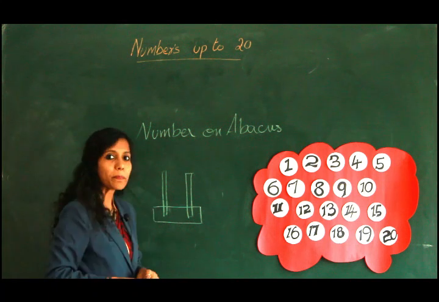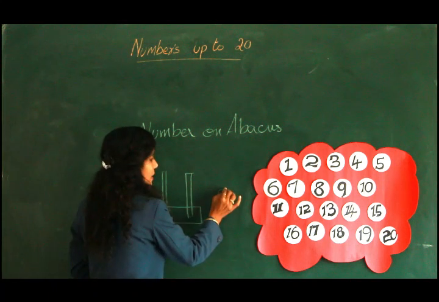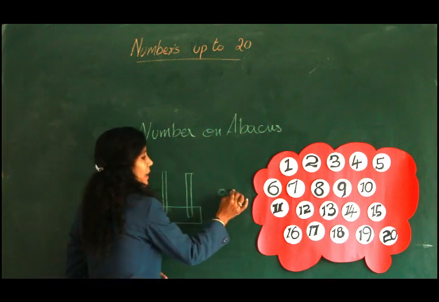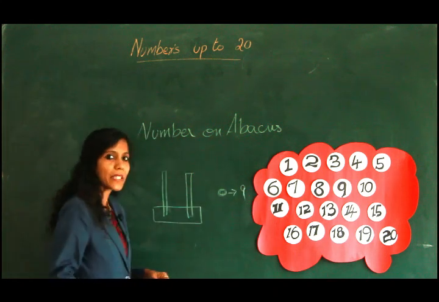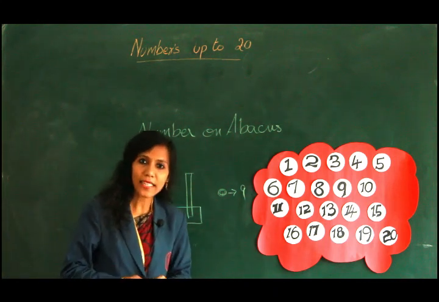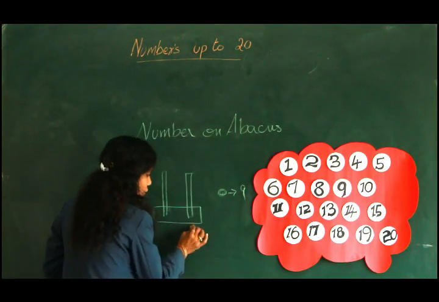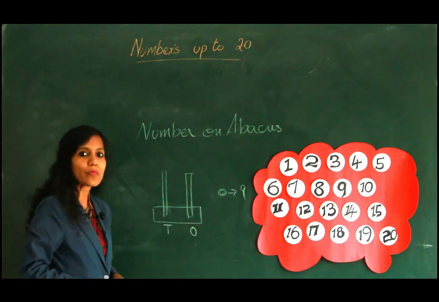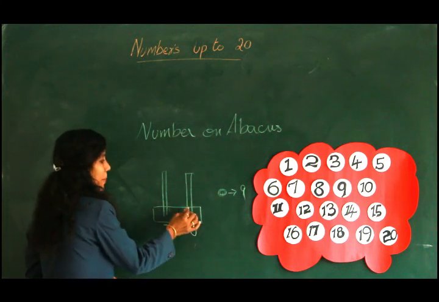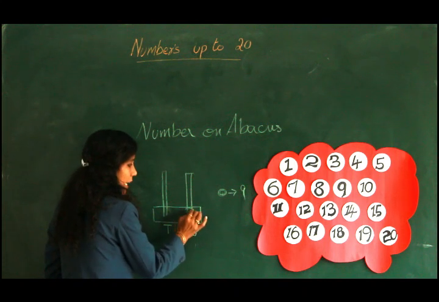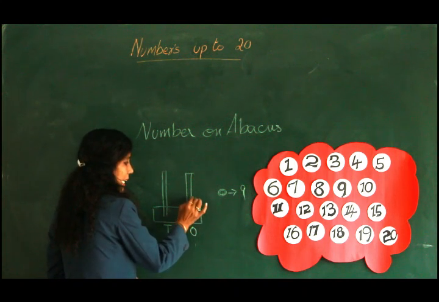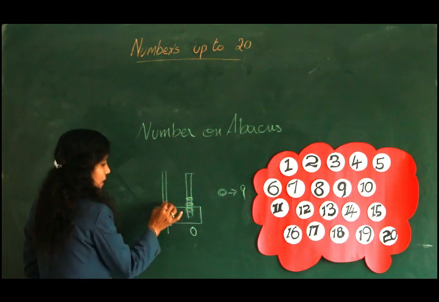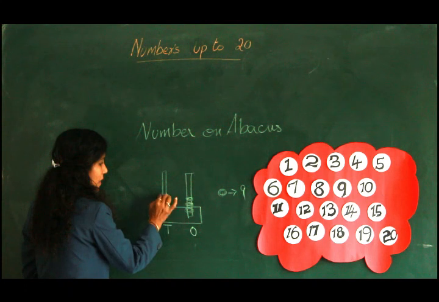Now we can put beads in it, and each rod can contain only 9 beads. So we learned tens and ones, you remember? So the first one is called ones, the next one is called tens. So the number of beads here will be taken as ones, and here it will be taken as tens.